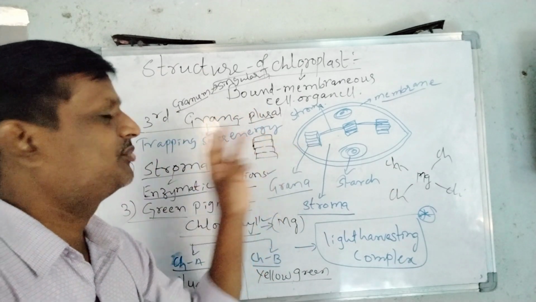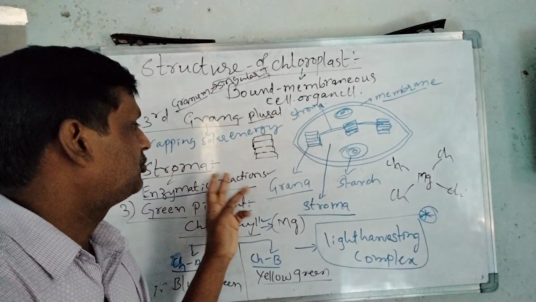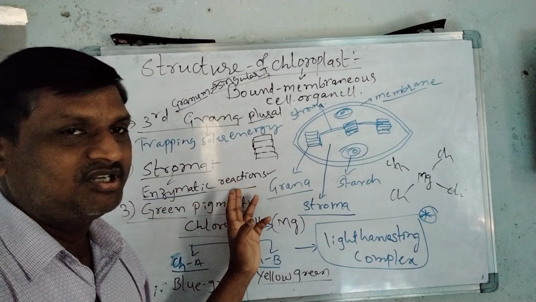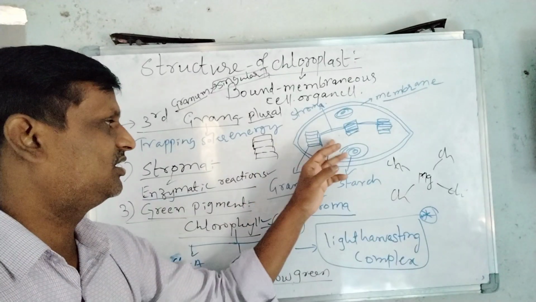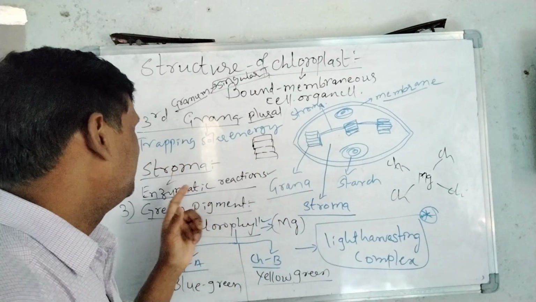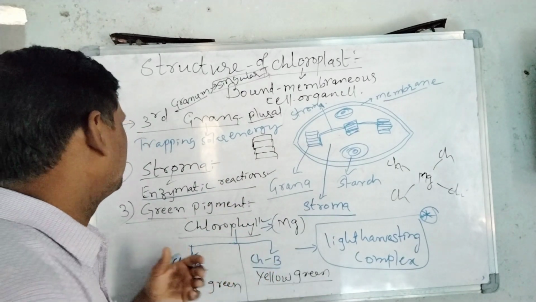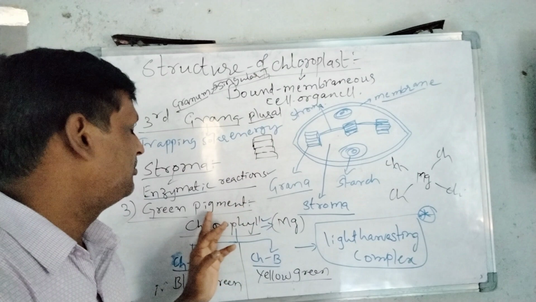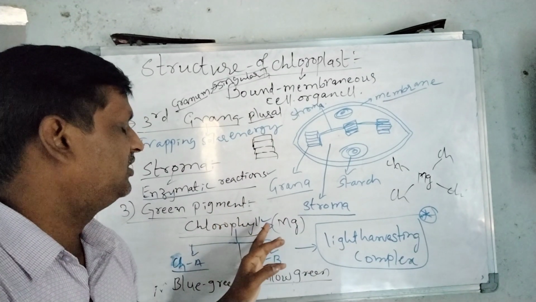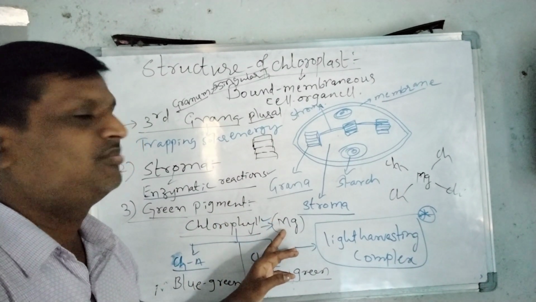This grana traps the solar energy, whereas the stroma is for enzymatic reactions. It is the liquid, colorless part of the chloroplast, and its enzymatic reactions increase the rate of photosynthesis. The green pigment chlorophyll consists of an ion called magnesium.